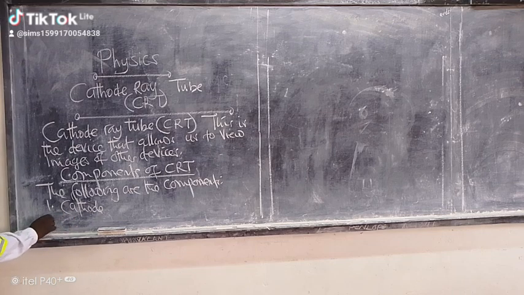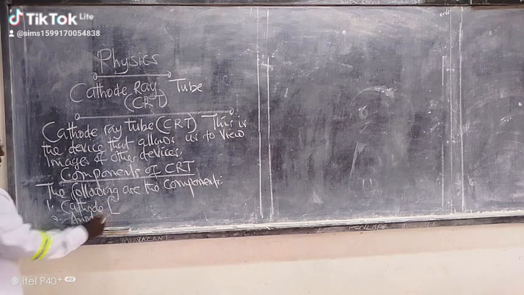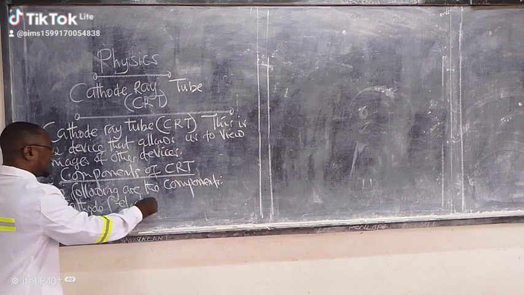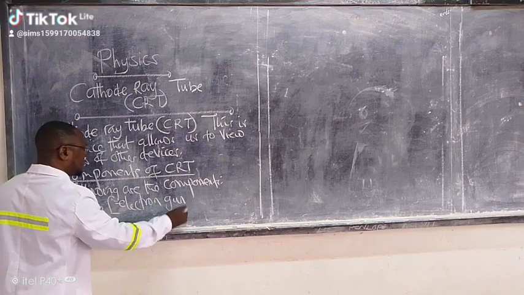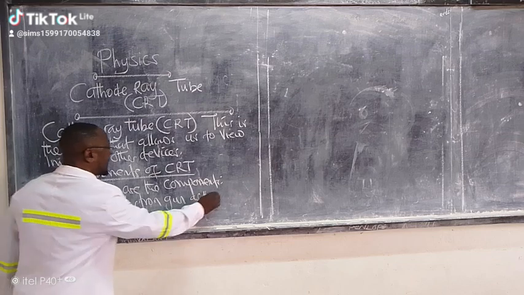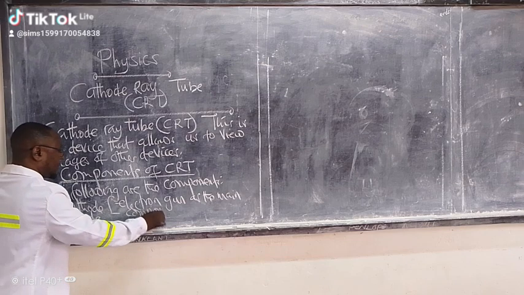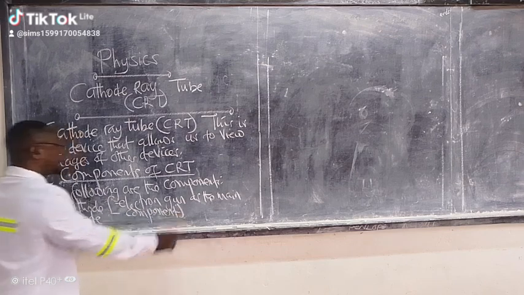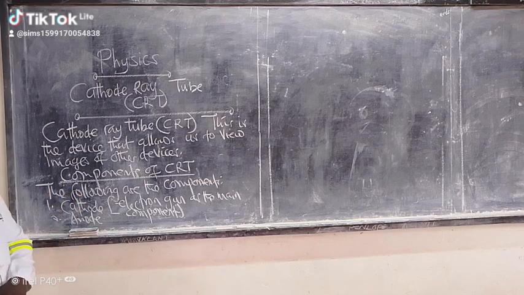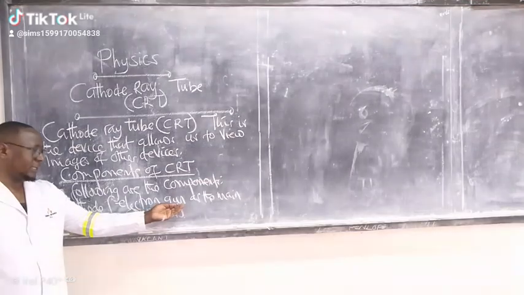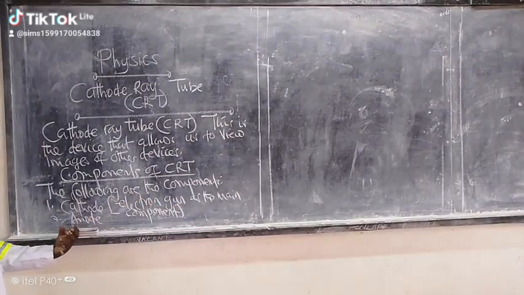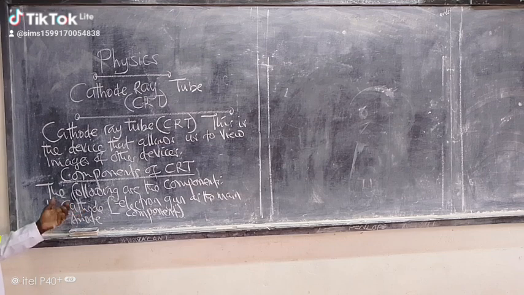Two, it contains the anode. That is where we have the electron gun as the main component. So the following are the components of the cathode ray tube. One, the main component of the cathode ray tube is the electron gun. This electron gun contains the cathode, and eventually has the anode, which forms the tube.